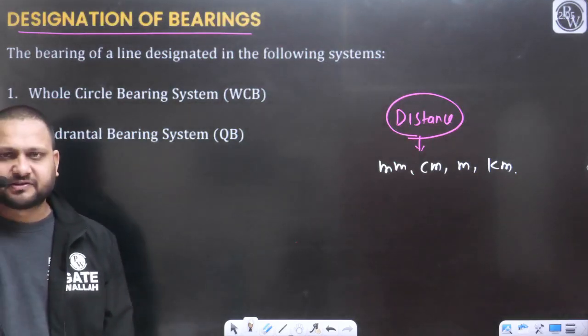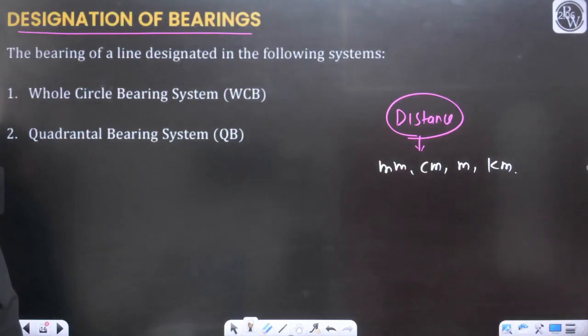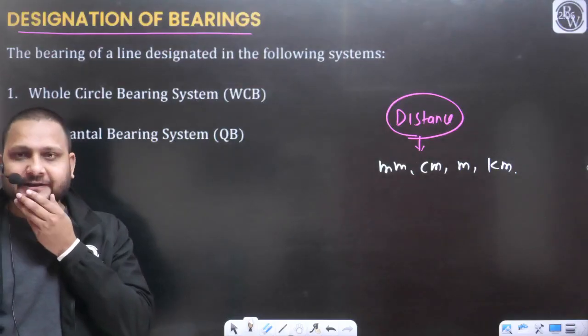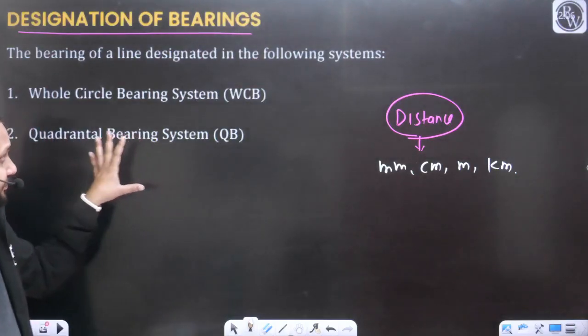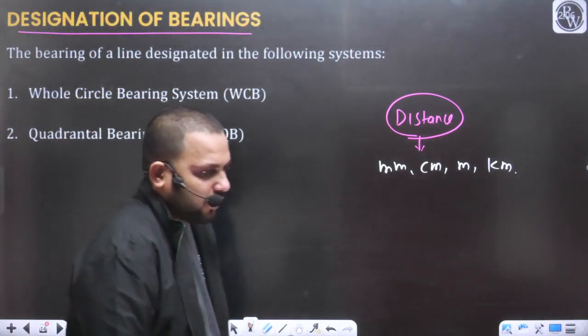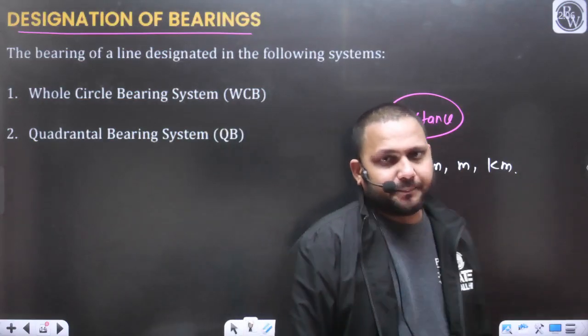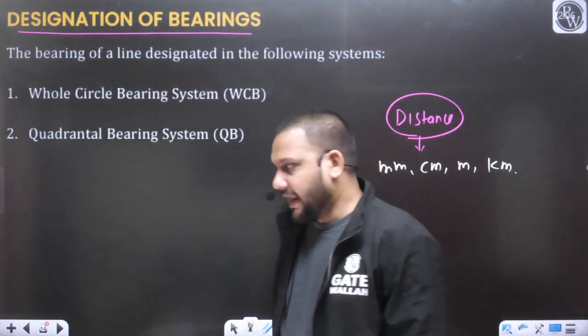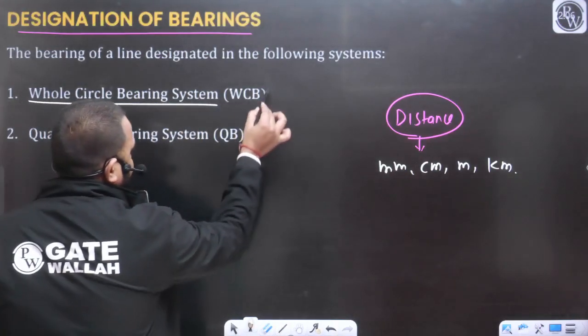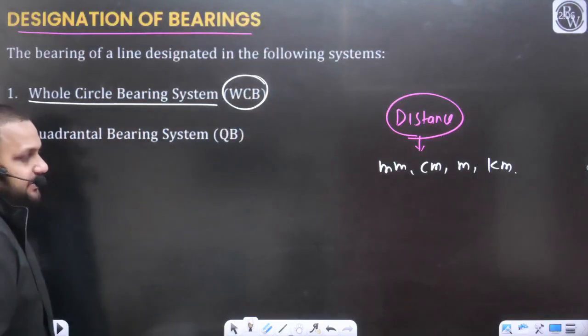There are various units that we can use for representing the distance. Similarly, just as we have discussed for distance, there are two methods that we are using for the representation of the bearing. The first is the whole circle bearing system, in short the WCB system.